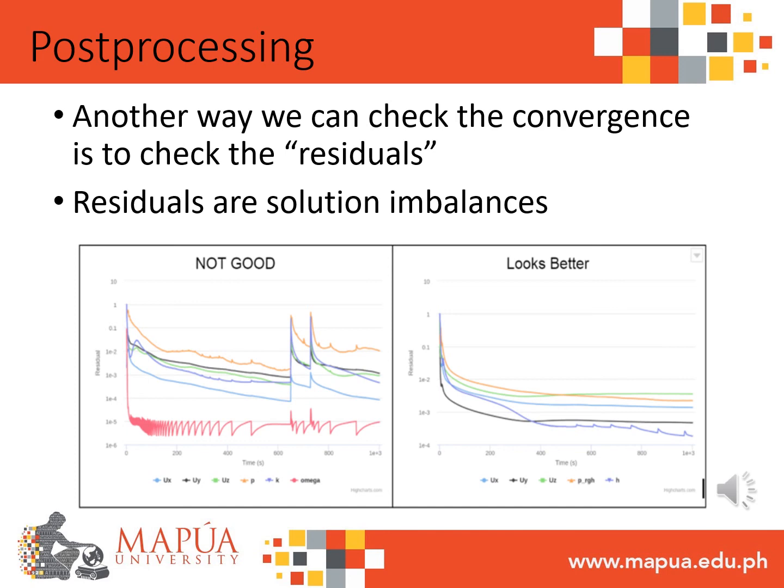Aside from checking the convergence, we can also check the consistency of the result in the residuals graph. If we see a lot of fluctuations in the graph, we can say that the result is not consistent and we cannot get reliable results from it.